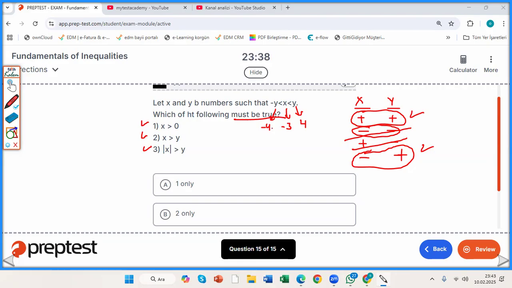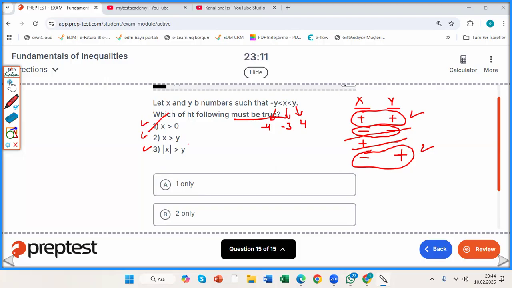For our first option, x is positive, but for our second option, x can also be negative. So it is not true for all of those options. For the other option, x is greater than 0, not possible. So don't think about it.